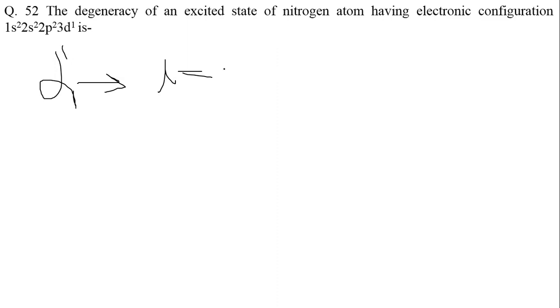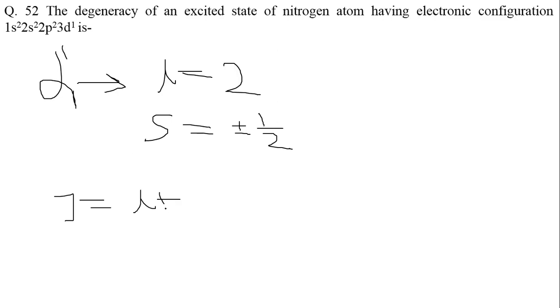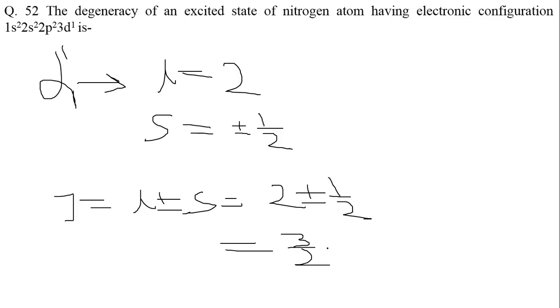For D, the value of L is 2. S, P, D, the value of L is 2, and there is only one electron. So for one electron, S is half, that is plus minus half. So when you calculate the value of J, it will be L plus minus half. So when you do 2 plus minus half, it will be 3 by 2 and 5 by 2.